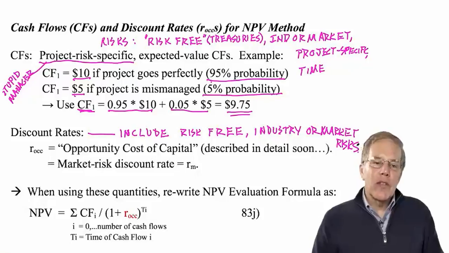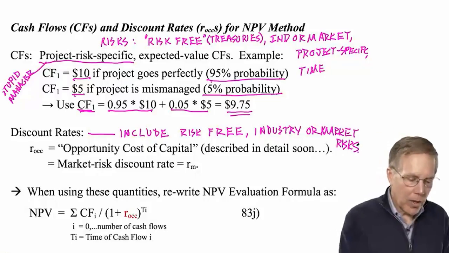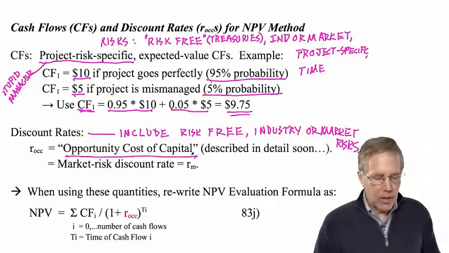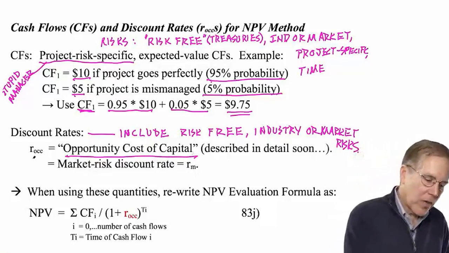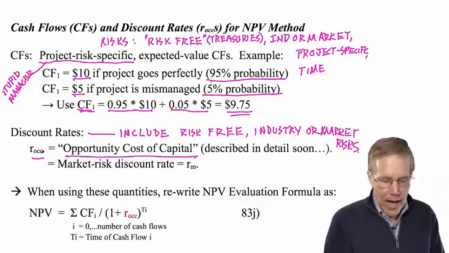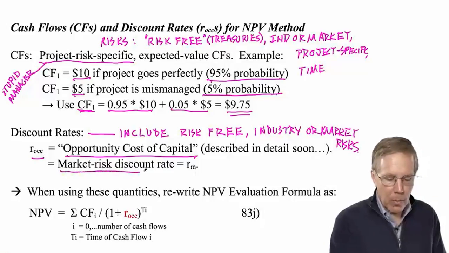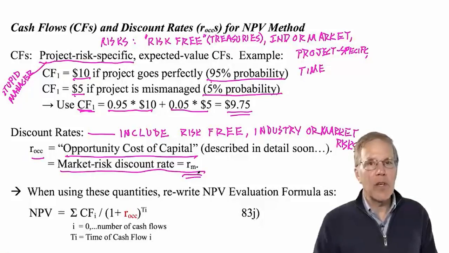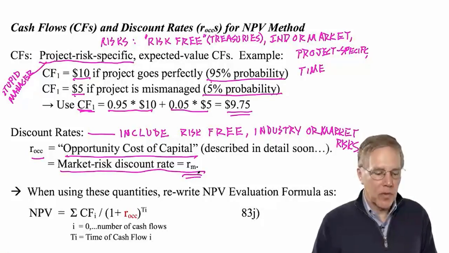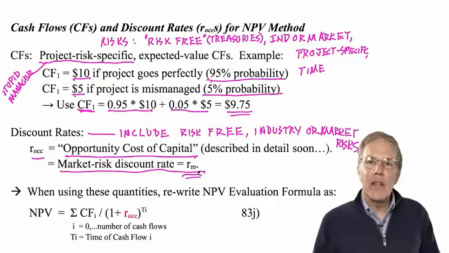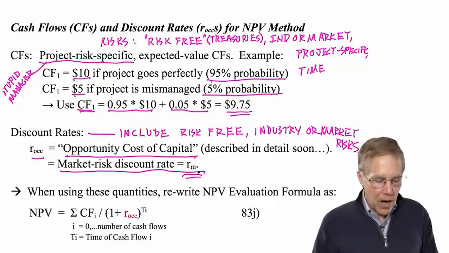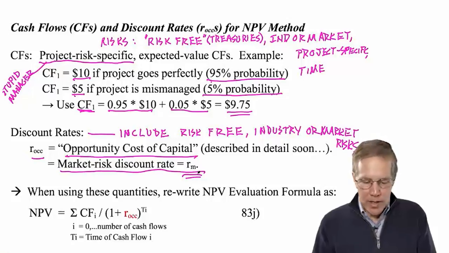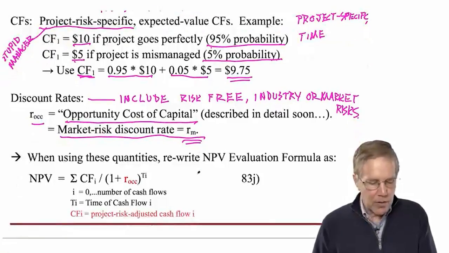And we're going to use for that what we call our opportunity cost of capital discount rate, okay? And we note that as r_OCC, and it's also called sometimes a market discount rate, and it's also denoted as r_m. It means the same thing, different folks use different subscripts, but opportunity cost of capital is equal to market discount rate, r_m.